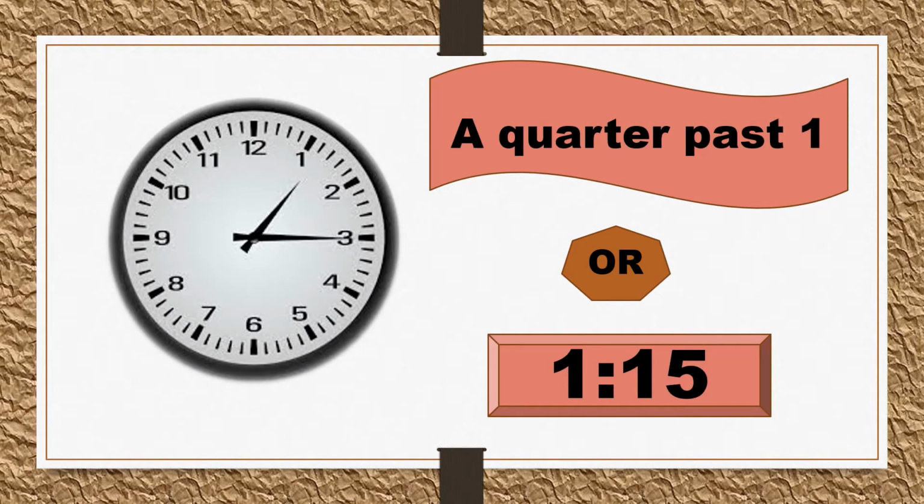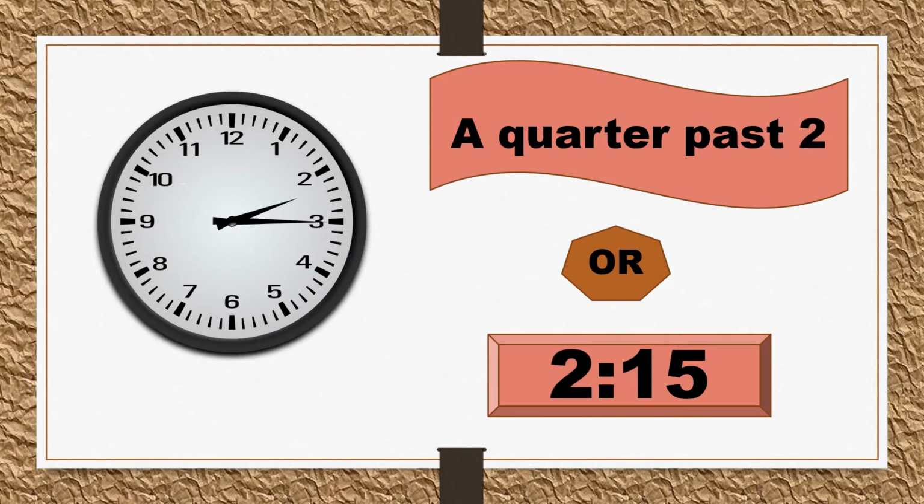Children, the clock is showing a different time now. The minute hand is pointing at the number 3 and the hour hand is a little after 1. So we say that the time is a quarter past 1 and we write it as a quarter past 1 or as 1:15.